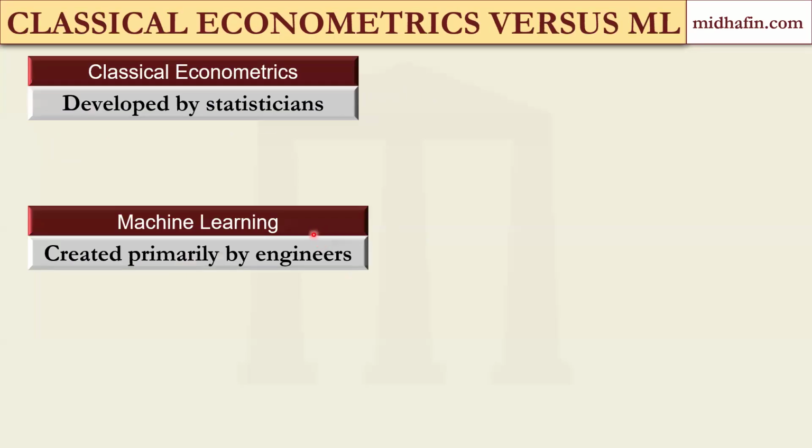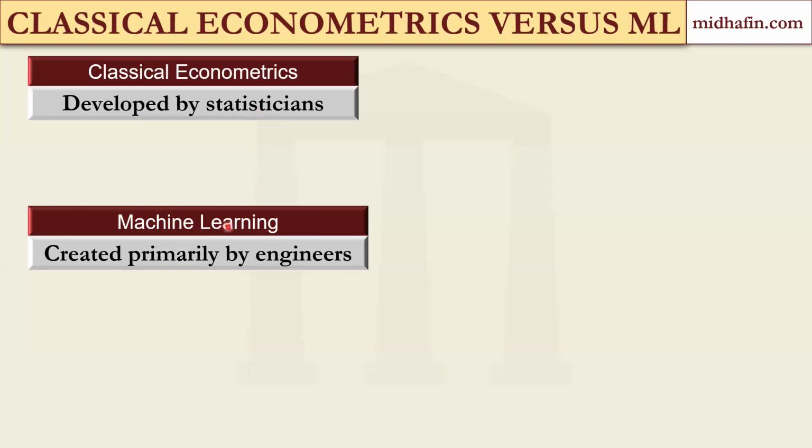Now let's understand the differences between classical econometrics and machine learning. Classical econometrics was developed by statisticians primarily to answer questions in economics and social sciences. The main focus is to understand relationships, and hypothesis testing and all those things come under classical econometrics. So you are building models that tell you why something happens, with a strong emphasis on interpretation as well.